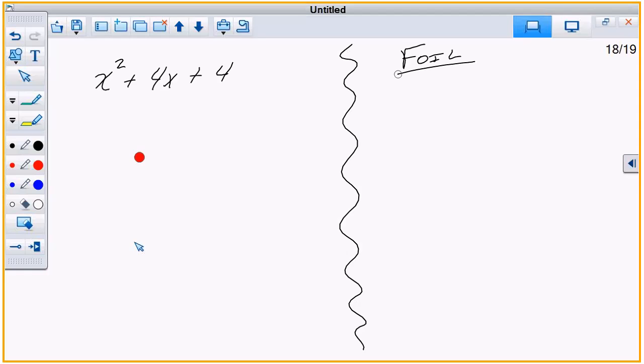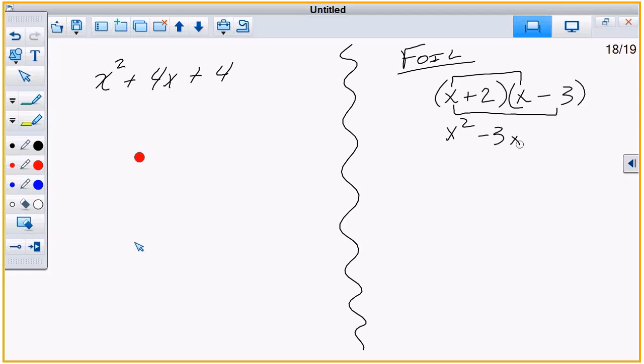So the FOIL method, we had 2 sets of parentheses, x plus 2, x minus 3, and then we did this times this, and this times this, and this times this, and this times this. So if we want to make the quadratic look like the FOIL method, we have to draw two sets of parentheses.